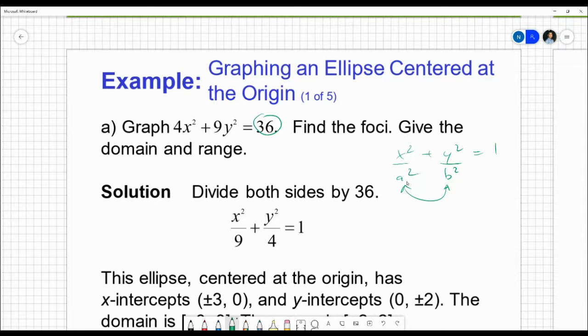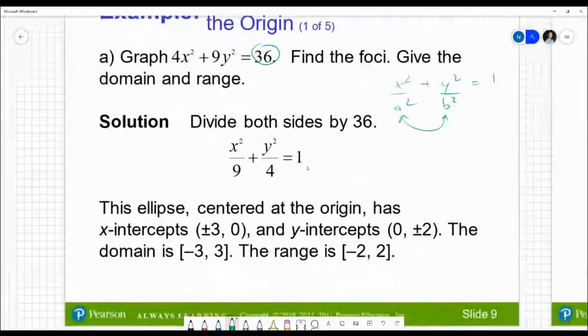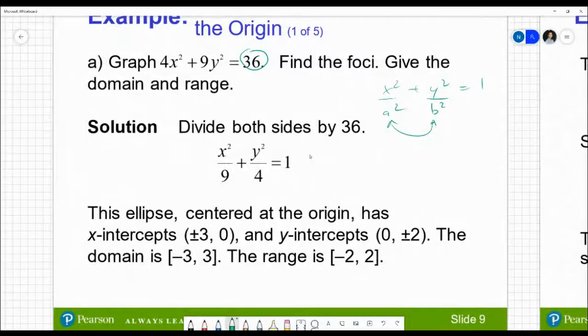So these two can be interchangeable. Okay, so once we divide by 36, we have the following. I also suggest you rewrite it in terms of 3 squared plus 2 squared, so you know what a and b is. Right? Okay, so now we have a larger number here.